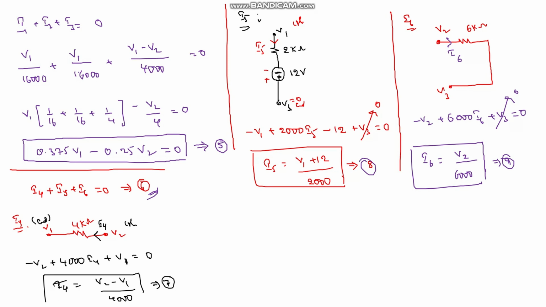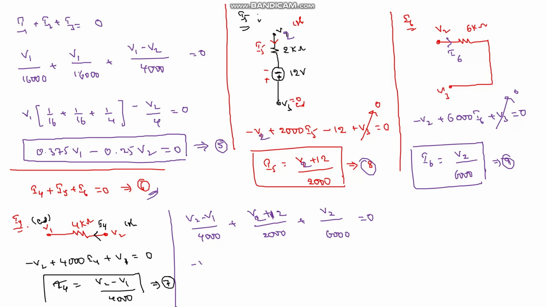After substituting those three equations, we get (V2 minus V1) by 4000 plus (V2 plus 12) divided by 2000 plus V2 by 6000 equals 0.